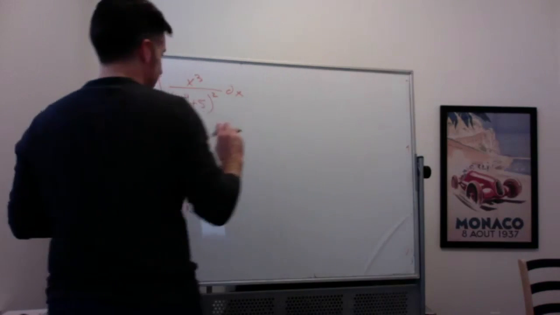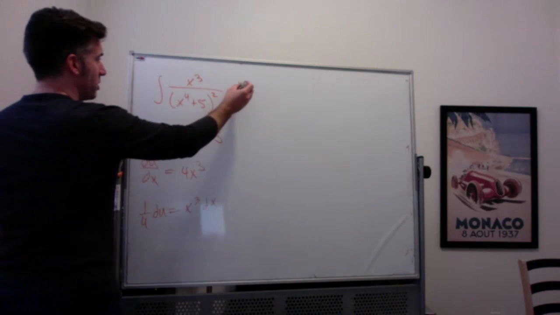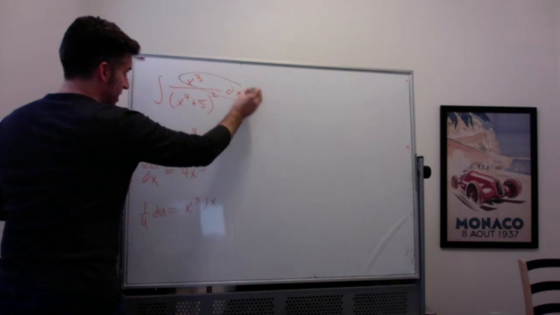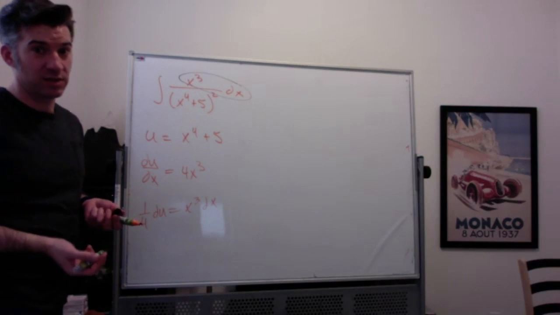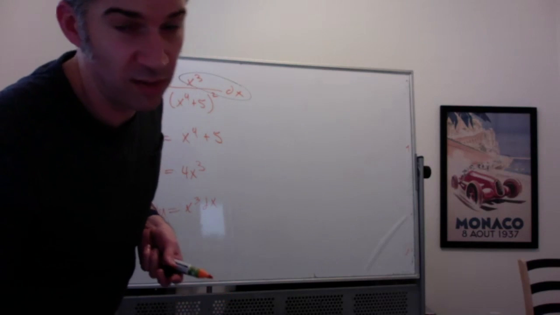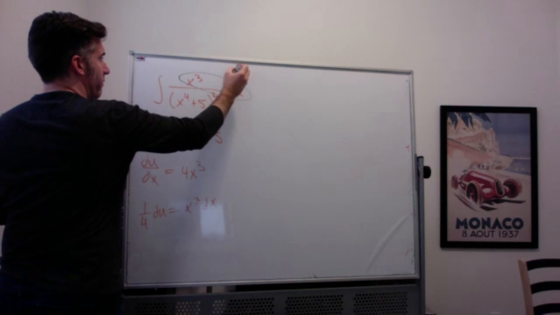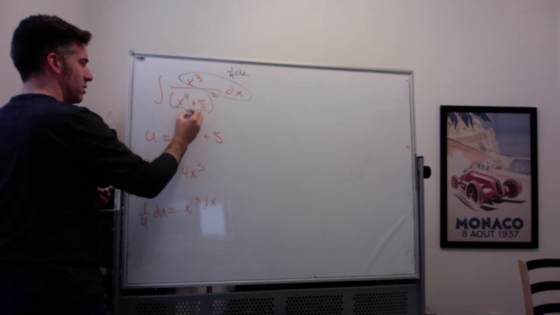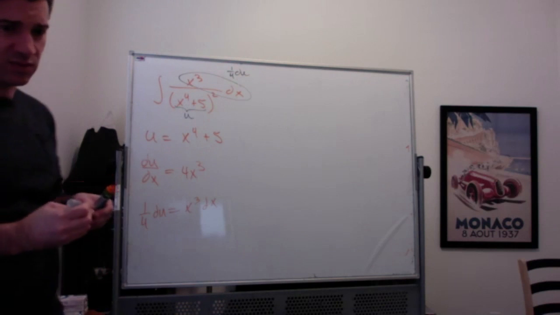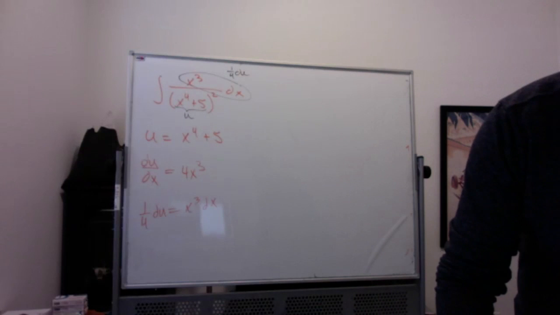And again, I'm going to say this every time: when you're doing a substitution, you always want to make sure you deal with the dx part changing into du before you do anything else. That's especially going to be true when we get to problem 4, which maybe I'll do next. So this is my 1/4 du. This is my u. I think it's nice to use different colors when you're changing to u, because then it's kind of obvious what's what.